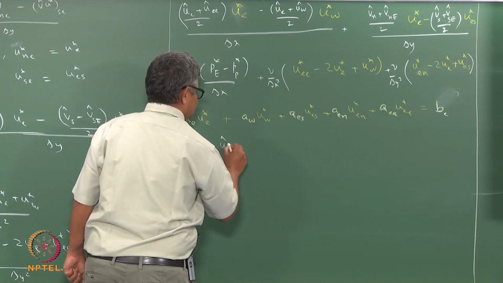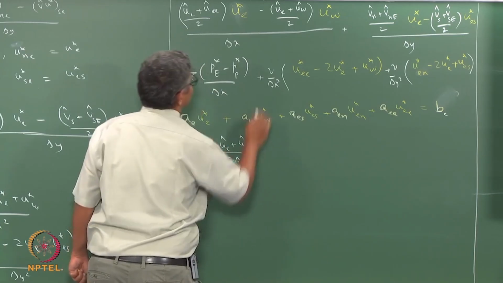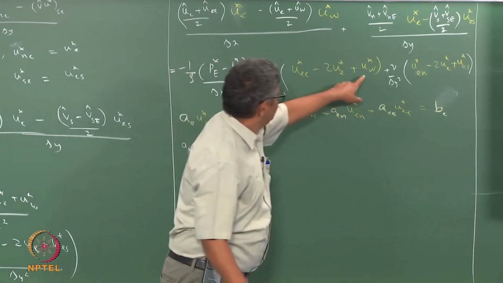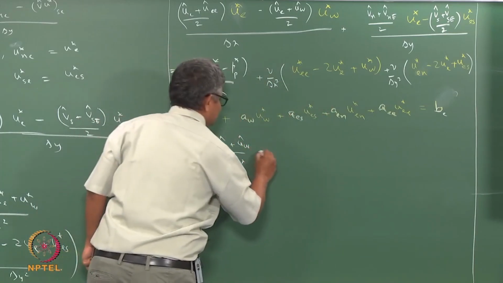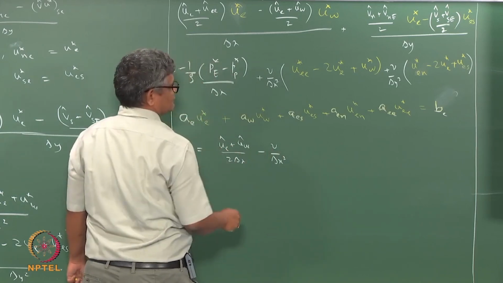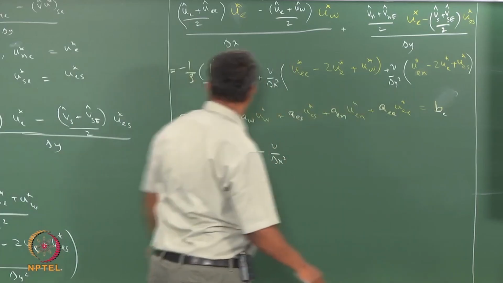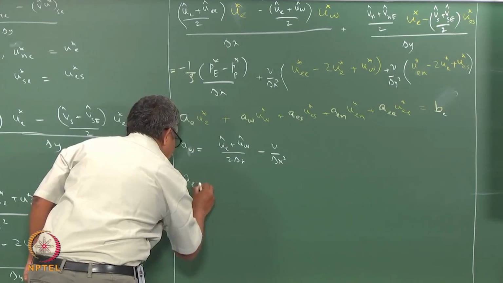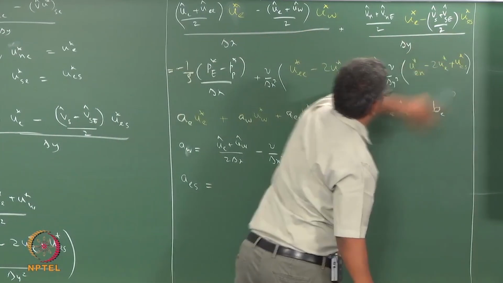So, this is u hat E plus u hat W by 2 delta x, that is this one, and there is this one here on the right hand side. So, we bring it to the left hand side. So, minus nu by delta x square is u w here, and similarly a e s. There is one a e s here.